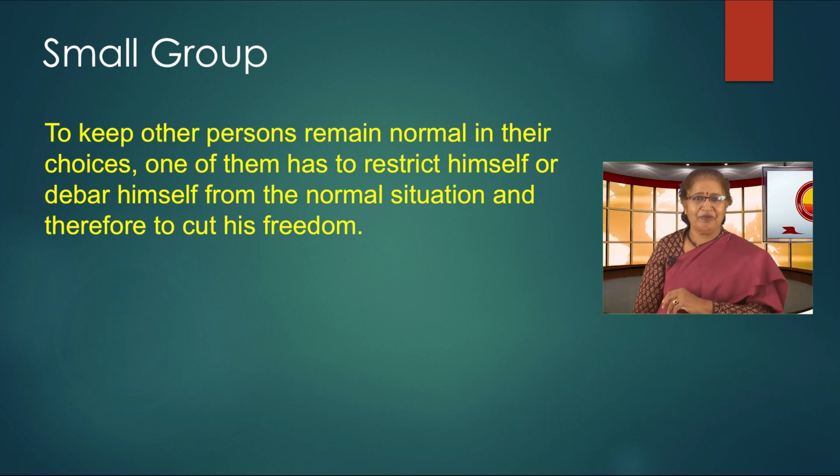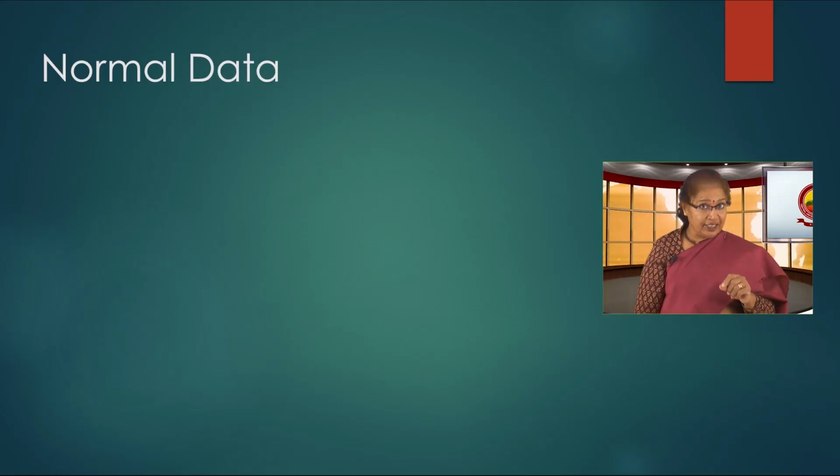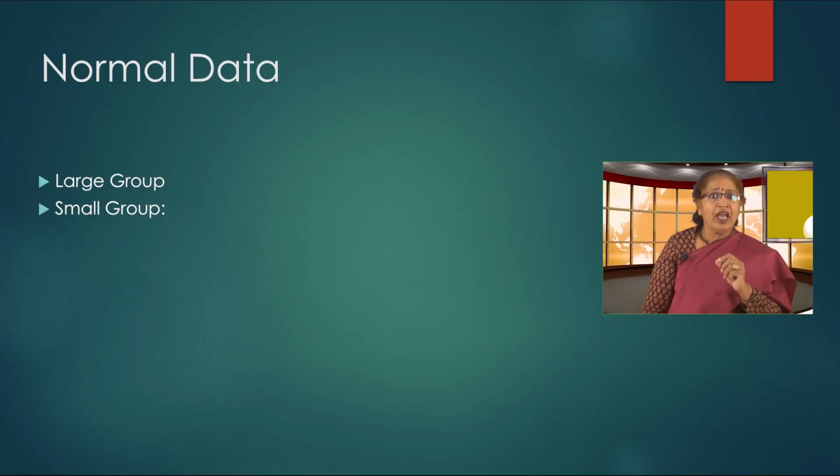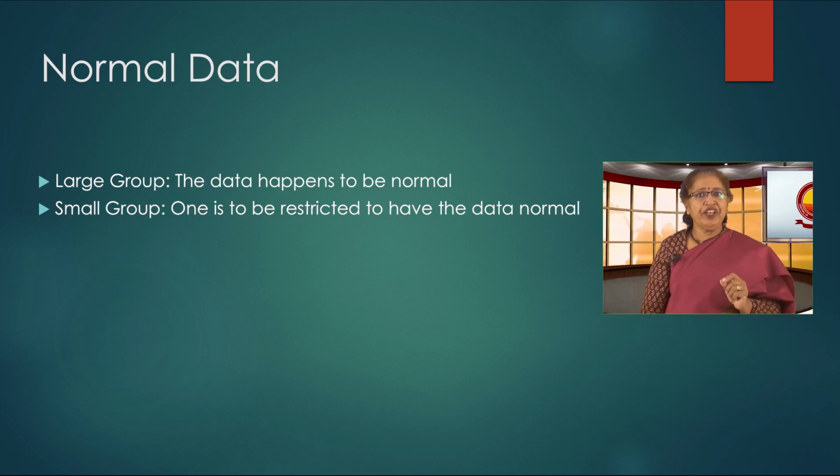Before we analyze these two stories in terms of inferential statistics, we should note that for drawing inferences from the sample data, the data of that sample should be normal. That is, it should represent the population. As we have seen in the second story, where every case has a freedom to behave normally.